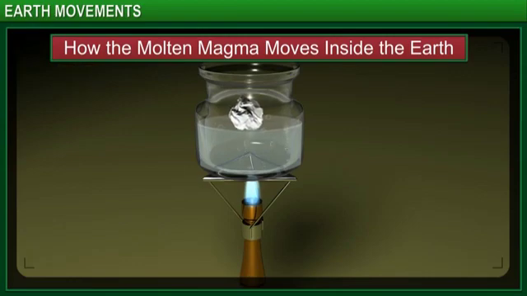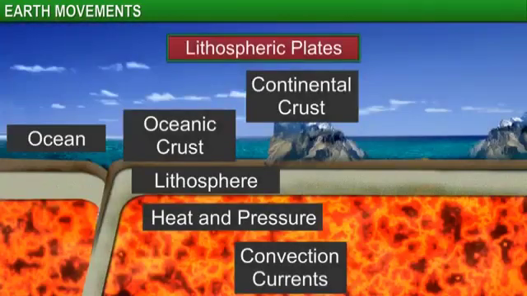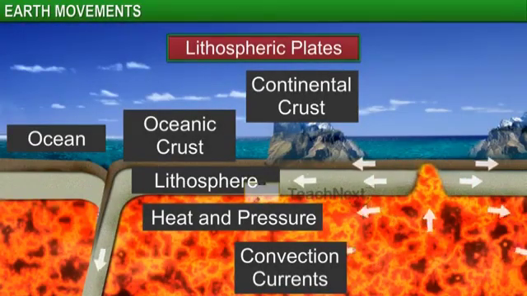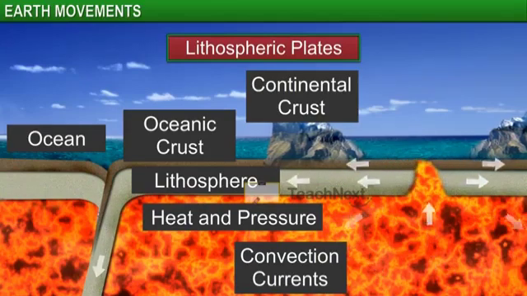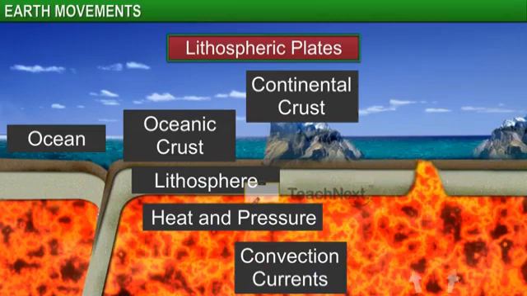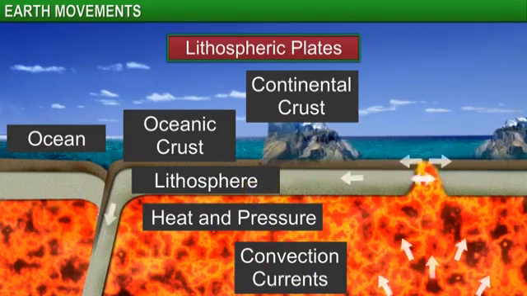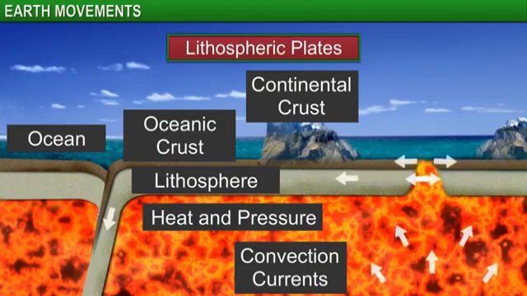However, after a while, the crumpled piece of paper starts sinking with the cooler part of the water. The movement of the mantle inside the Earth's surface follows a similar pattern. This leads to the movements of the tectonic plates and changes on the surface of the Earth.